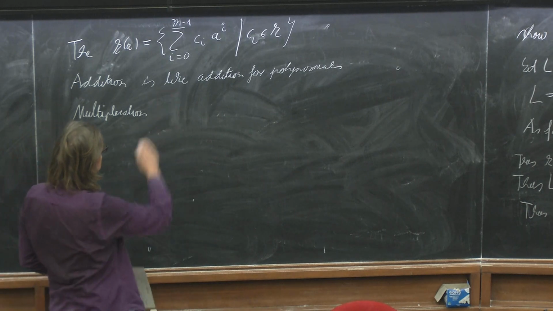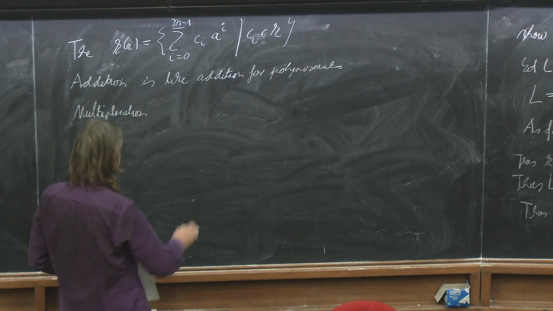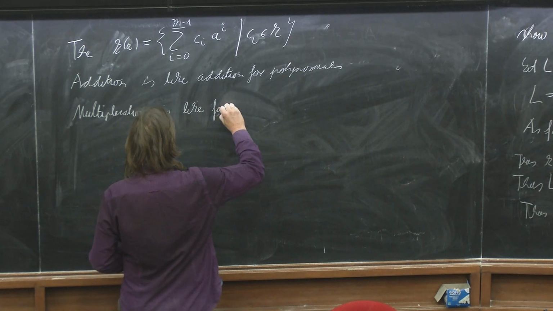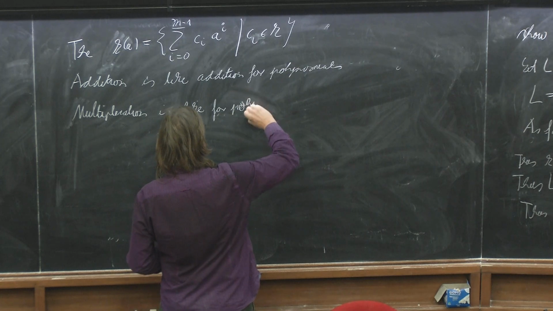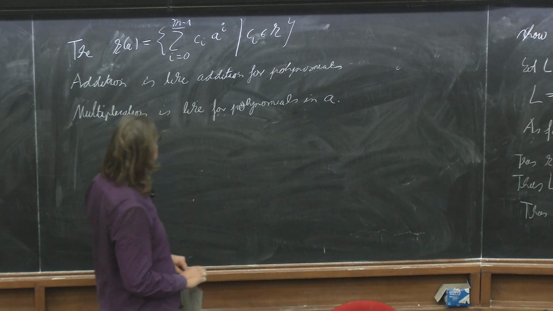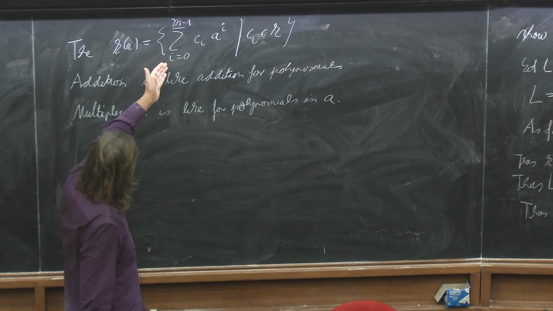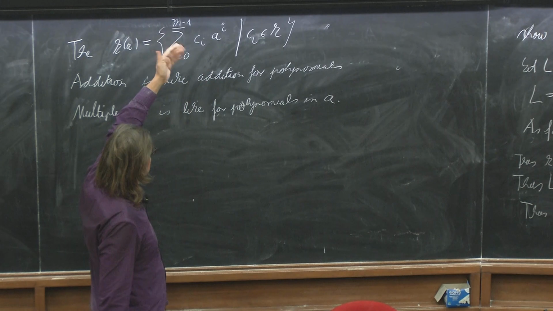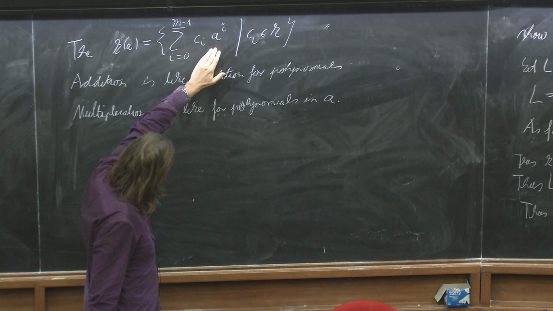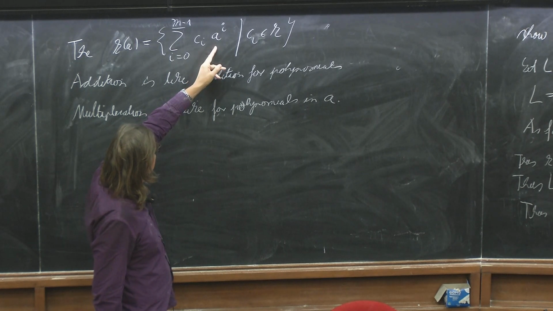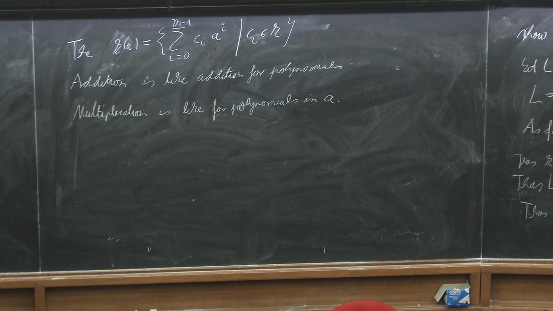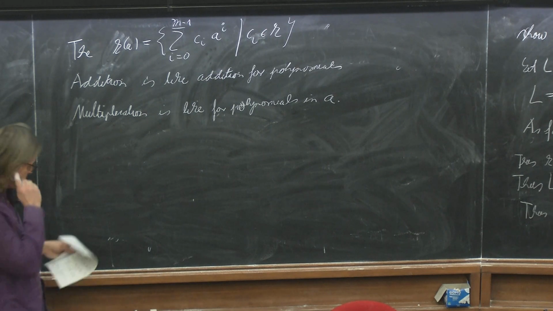So you also multiply them as polynomials in a, the usual rule, as if the a was the x. But then, if we have some power which is higher than m, we can reduce it by remembering that f(a) is 0 in this ring.